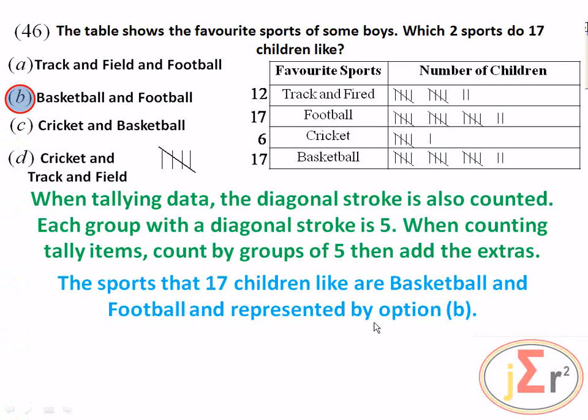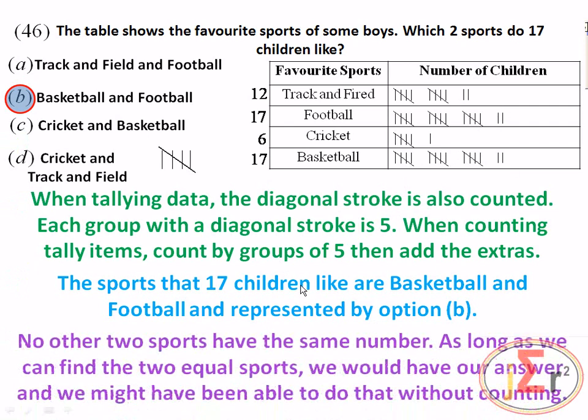And as we said before, we did not even need to count them because they are the only 2 sports with equal numbers. And we know that because the table is properly organized, and we can look at the length of the rows and we can see those that are equal quite easily. No other 2 sports have the same number.